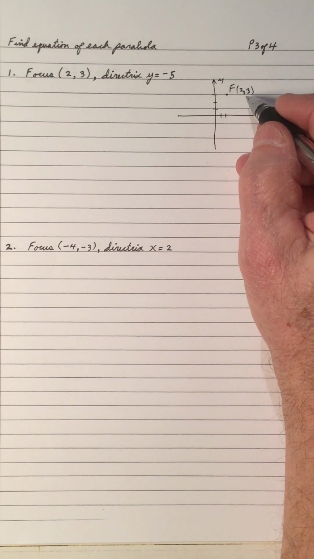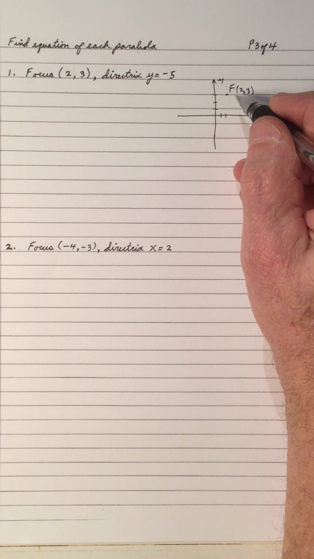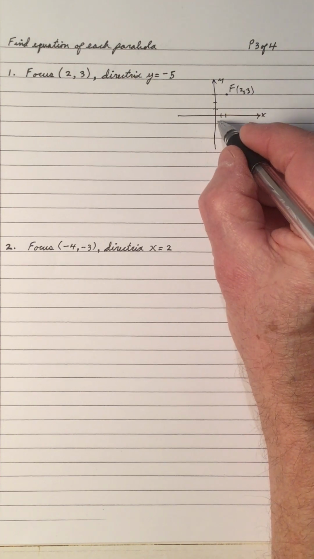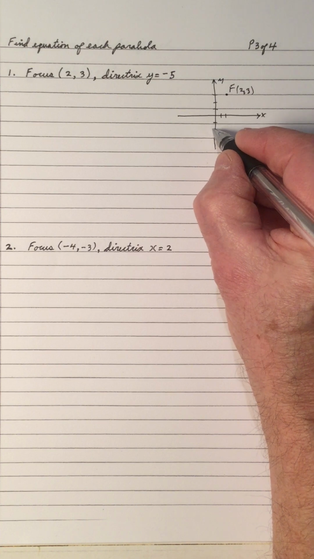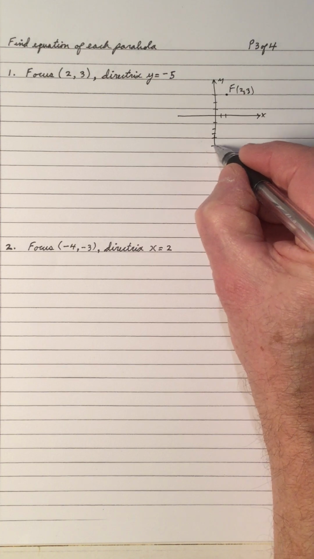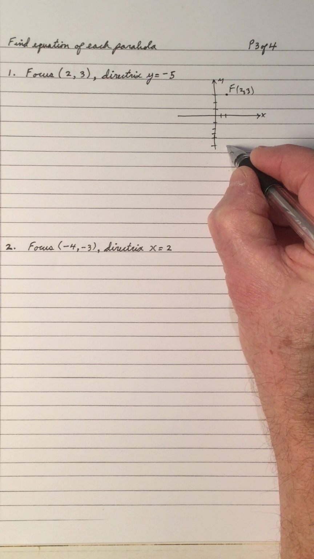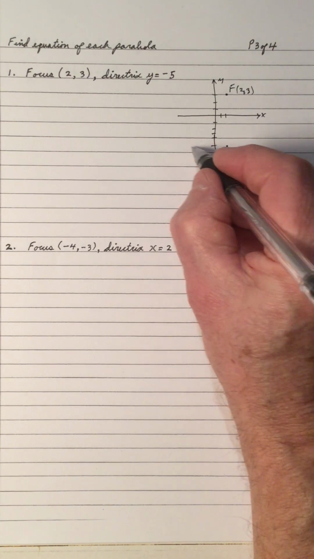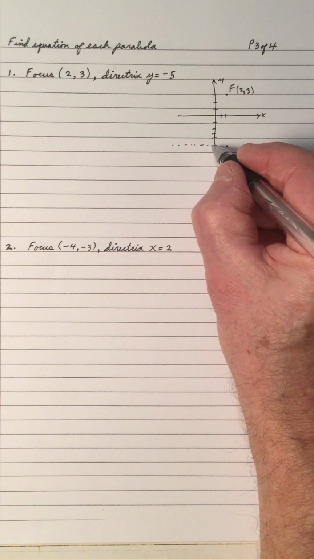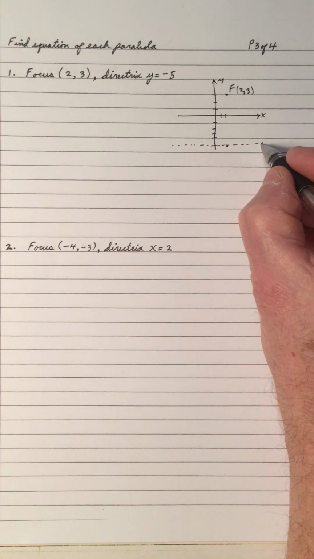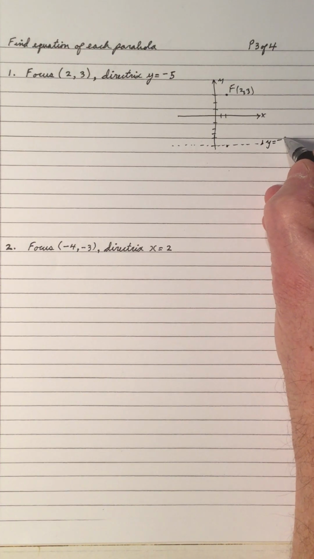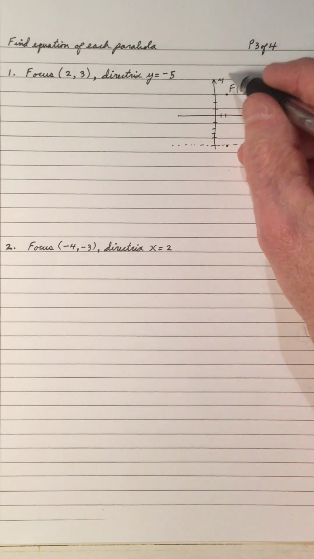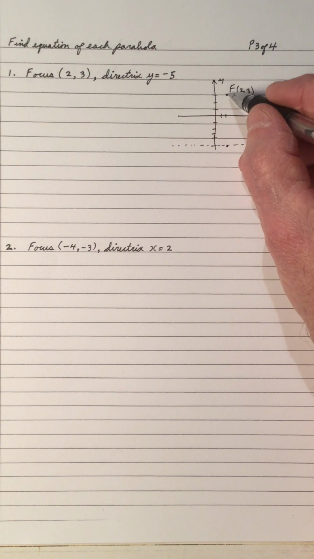The directrix is y equals negative 5. So negative 5 is 1, 2, 3, 4, 5. Let's just pretend it's down here. The directrix is a broken line, y equals negative 5, and this point here is the focus.